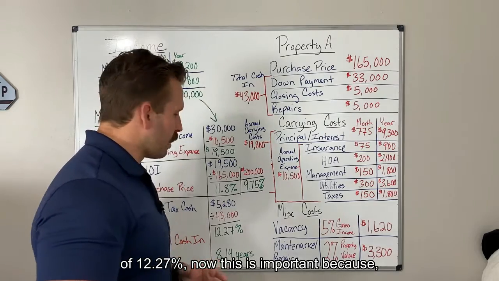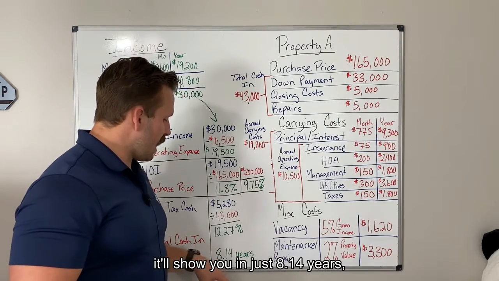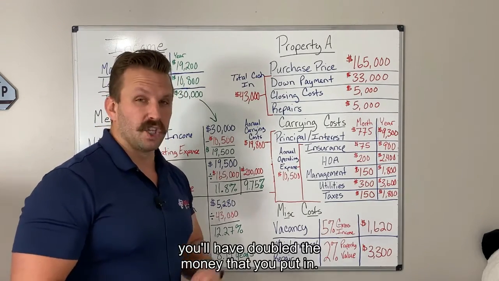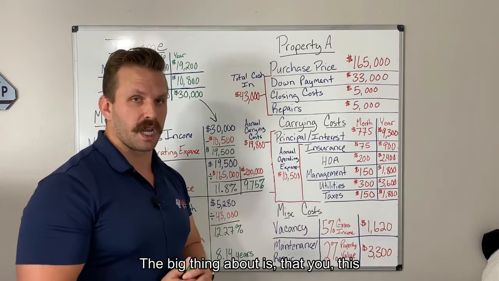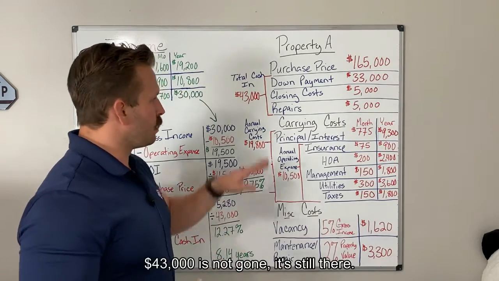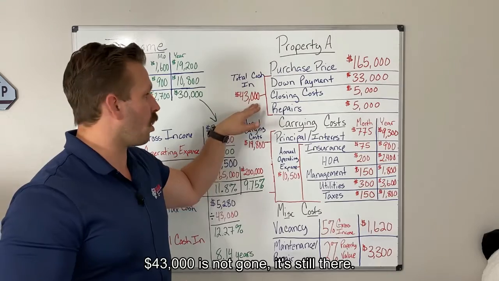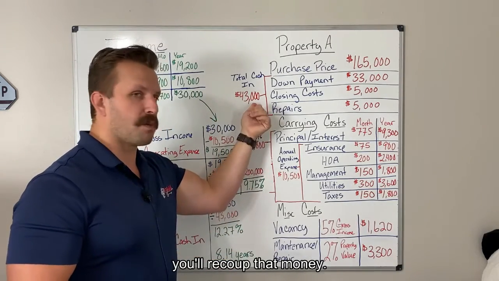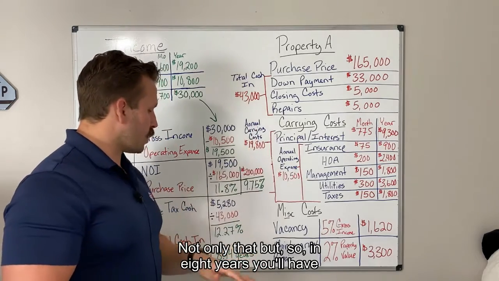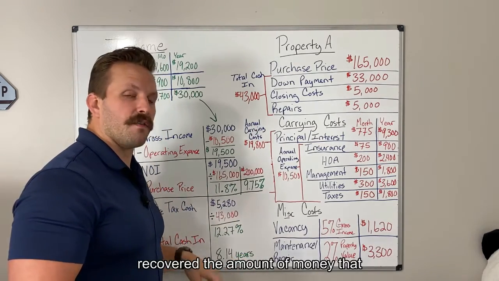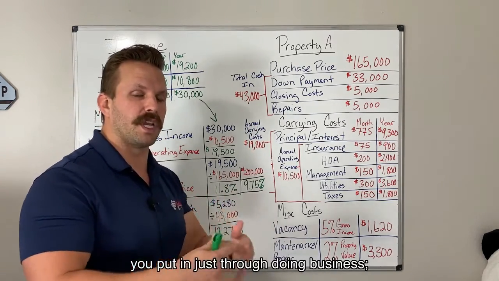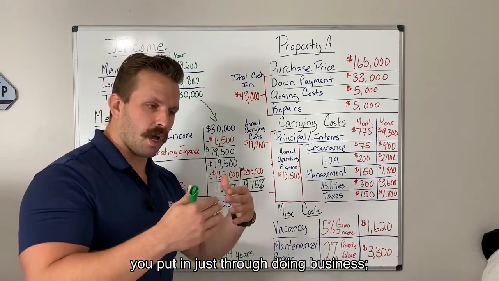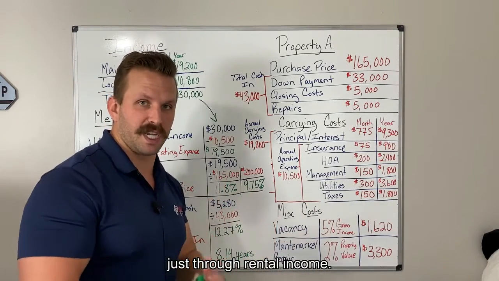Now this is important because it'll show you that in just 8.14 years, you'll have doubled the money that you put in. The big thing about it is that this $43,000 is not gone. It's still there. So when you sell the property, you'll recoup that money. Not only that, but in 8 years, you'll have recovered the amount of money that you put in just through doing business, just through rental income.